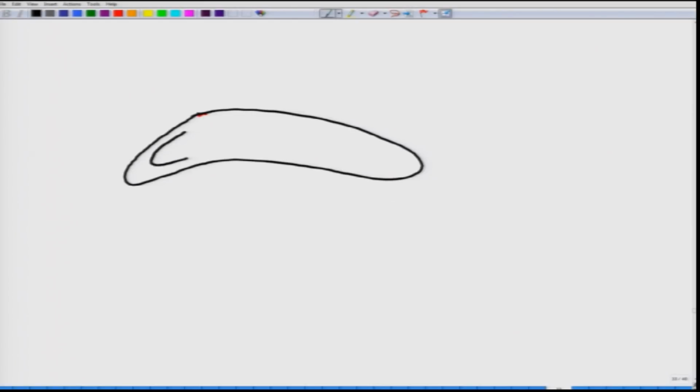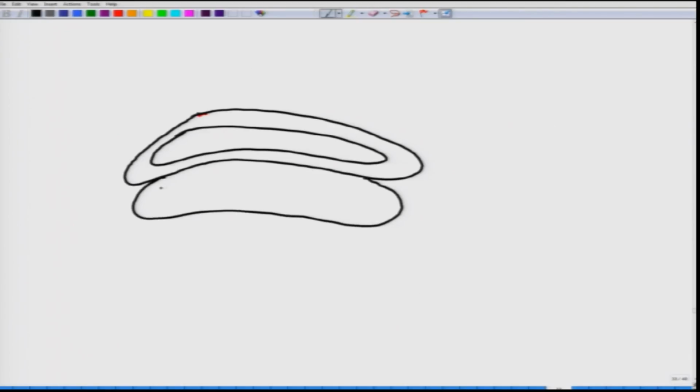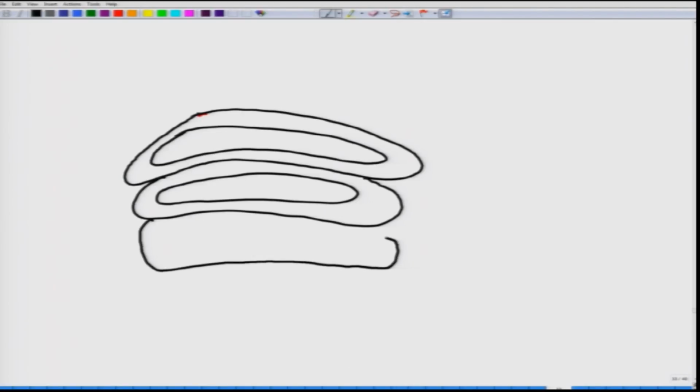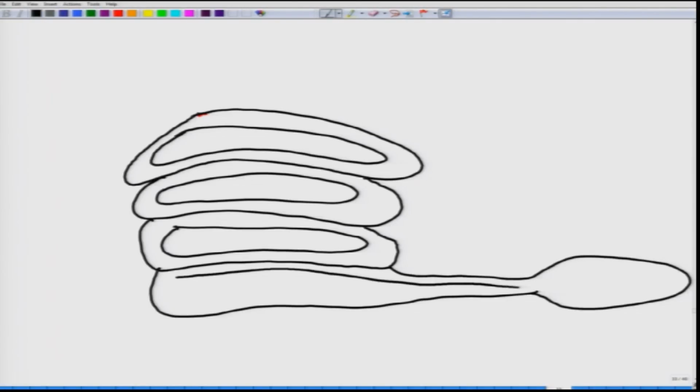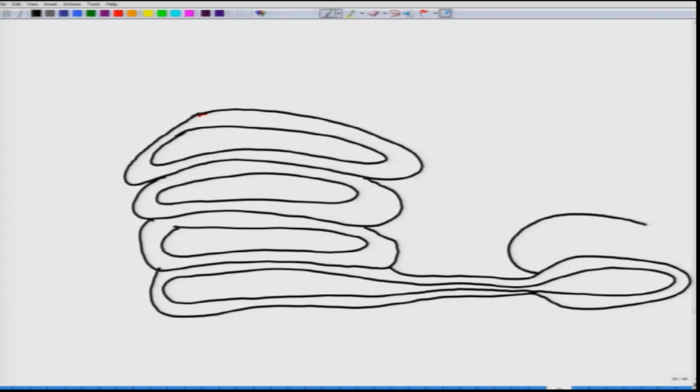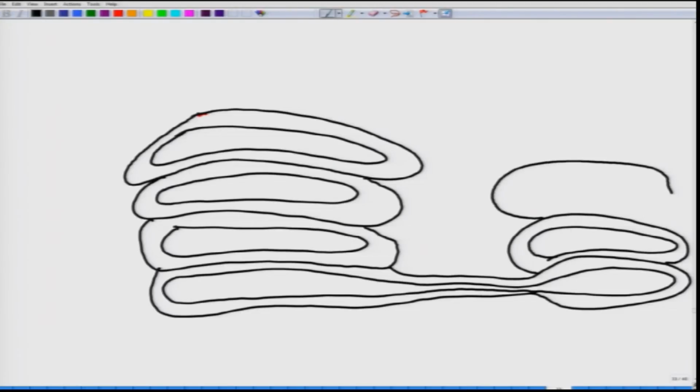If this is the thylakoid membrane, this is how the thylakoid membrane is arranged, something like this.